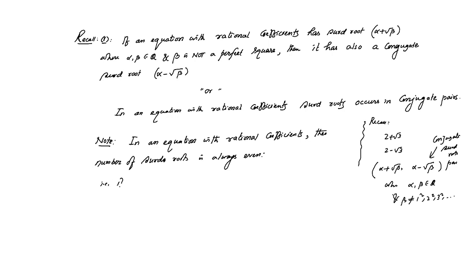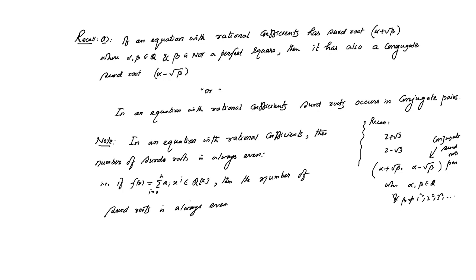That is, if f(x) equals summation a_i x^i, i equals 0 to n, belongs to Q[x], that is, coefficients are rational, then the number of surd roots is always even.